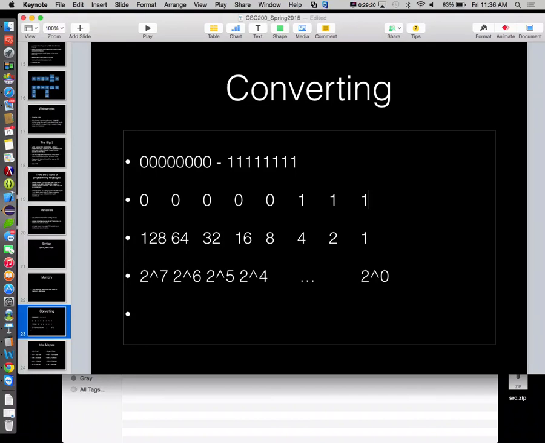And the thing is, there's nothing magical about this. You already knew this. We're just not comfortable with binary. If I wrote the number 127 down, we're all comfortable with 127. We kind of know what that means in base 10, right?